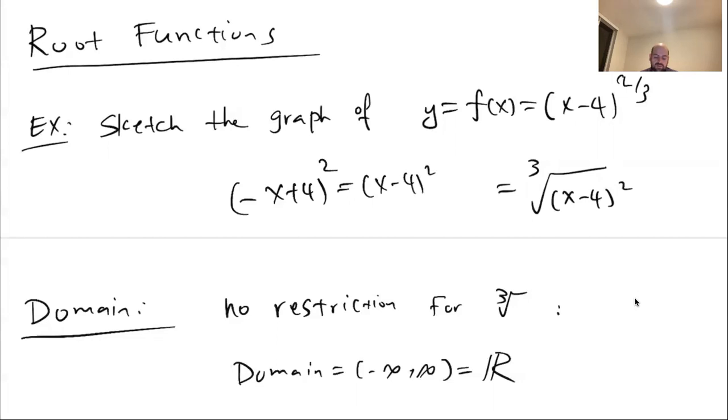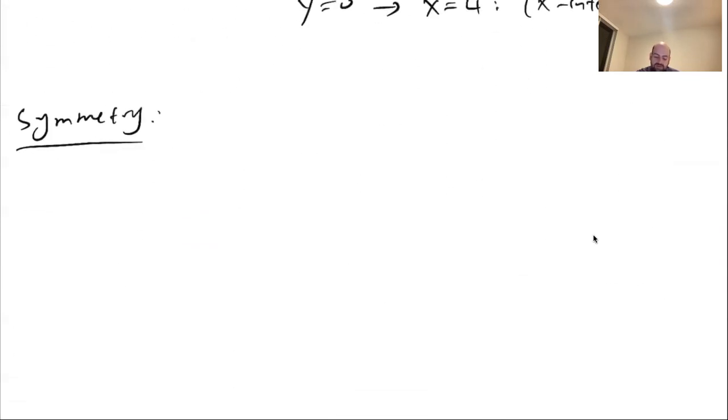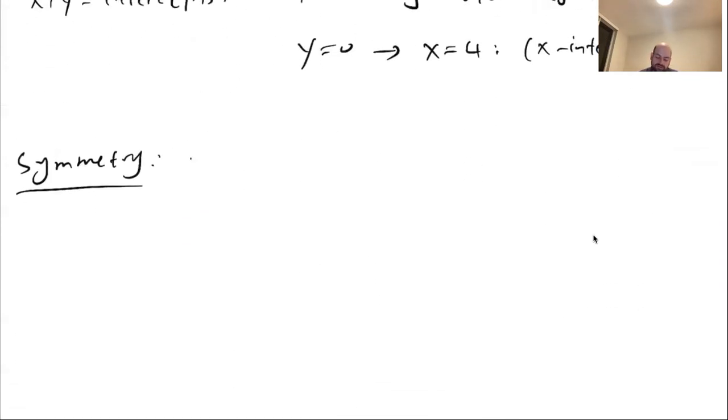But minus x minus 4 the whole squared is not the same as x minus 4 the whole squared. So y will change, and y will not change to minus y either. So no symmetry with respect to the y-axis or origin.